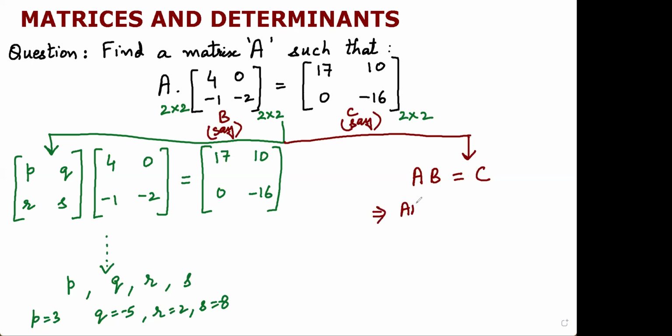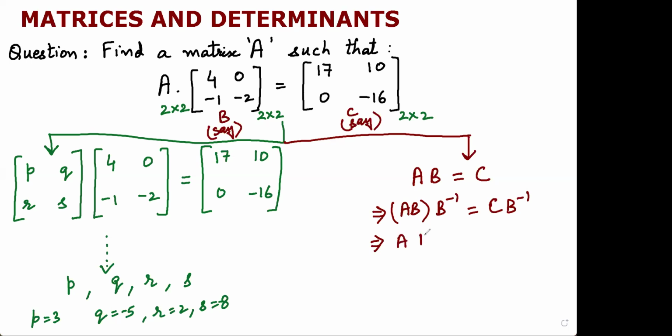So AB times B inverse should be equal to C times B inverse. Remember, the order in which the matrices are written is very important. And this multiplication of matrices on the left-hand side is associative.